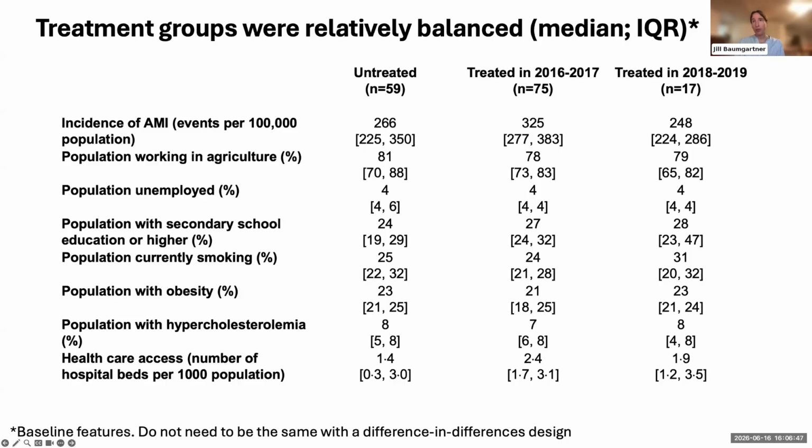So here, we only have 59 townships that were not treated by the policy, 75 that were treated by the policy in 2016, 17 that were considered treated in 2018, 2019, and we're comparing the different characteristics for our different townships at the baseline assessment, right? So our unit of analysis is at the population level.